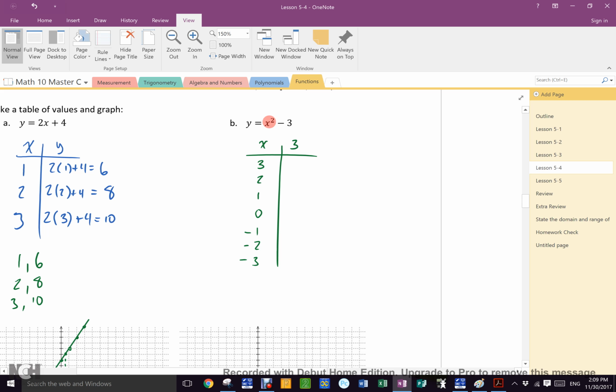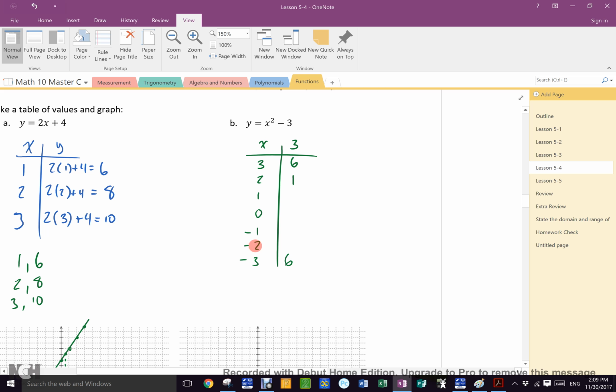What's 3 squared, minus 3? 9. What's 9 minus 3? 6. What's 2 squared? 4. What's 4 minus 3? 1.